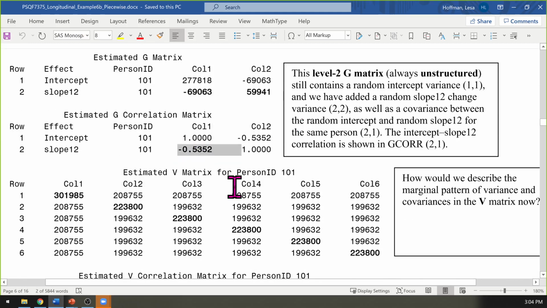The intercept at time 0 and the rate of change in slope 1, 2 are negatively related. So people who start out higher have a more negative rate of change. That stands to reason. If they're slower to begin with, you have more room to improve.